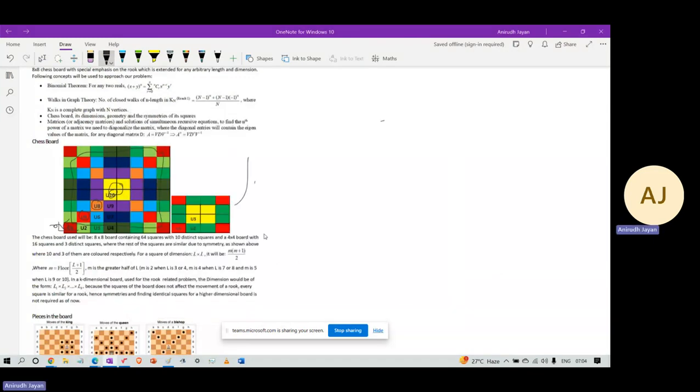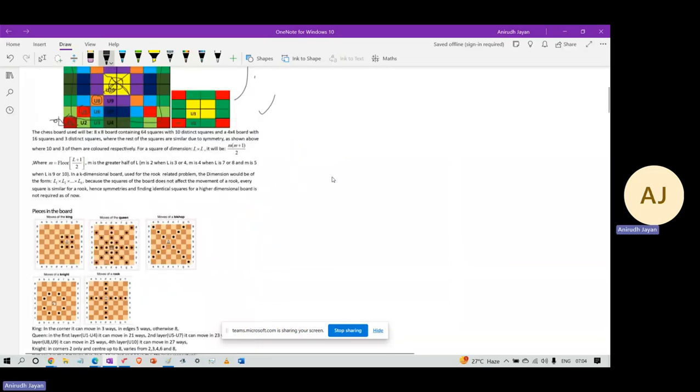A huge part of the problem relies in fixing the destination, the starting and ending points. Say, how many ways can a queen move from a1 to h8 in n moves? We have covered the number of ways chess pieces can move with a fixed starting point, but we have not covered fixed starting points and ending points.